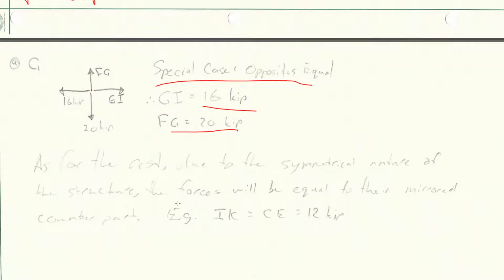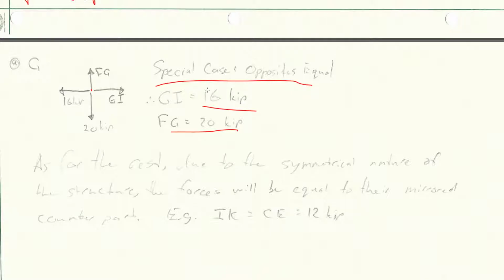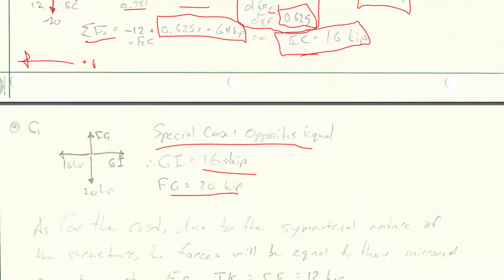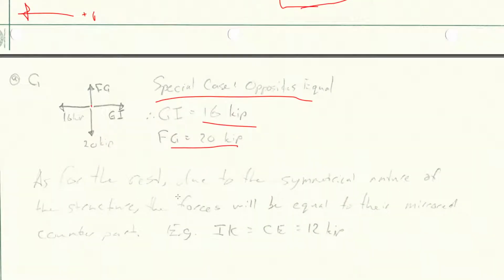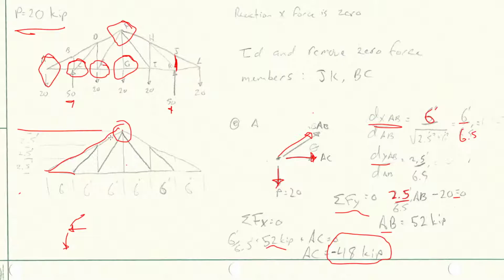Everything else is going to be mirrored, because this structure is symmetrical, so the forces in any of the components are going to be equal to their mirrored counterpart. So, for example, IK and CE, we'll just locate those here.